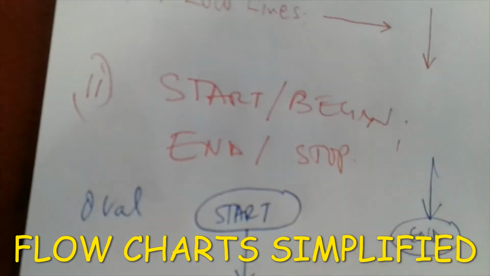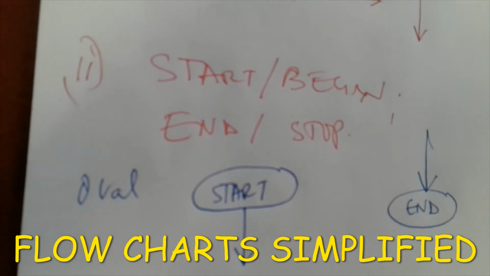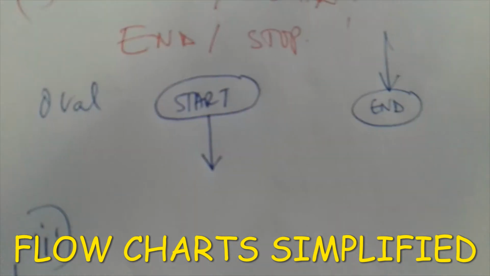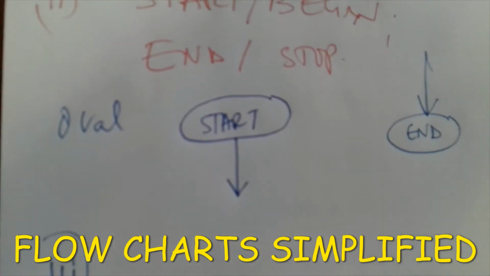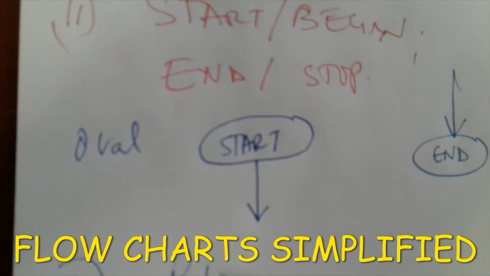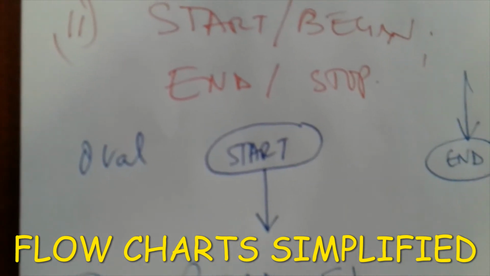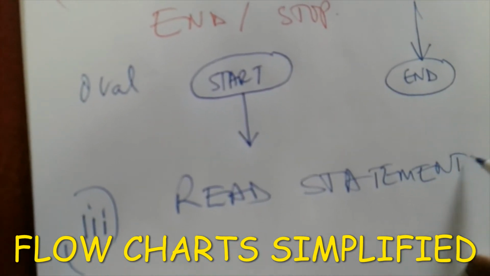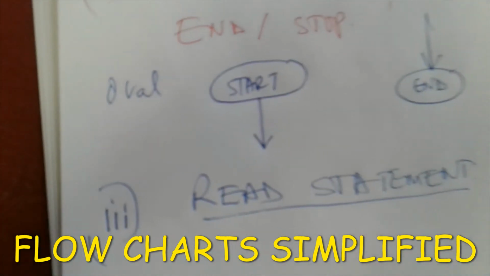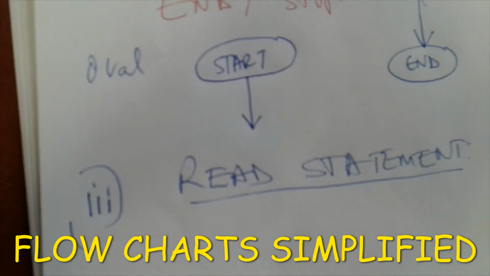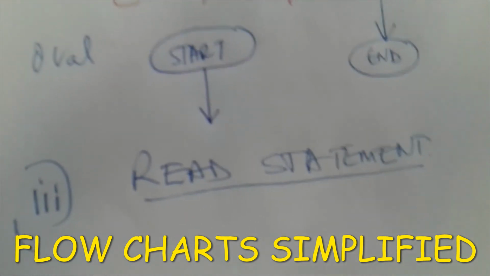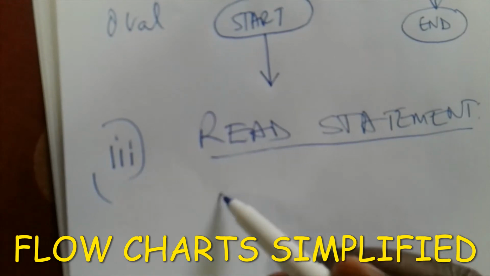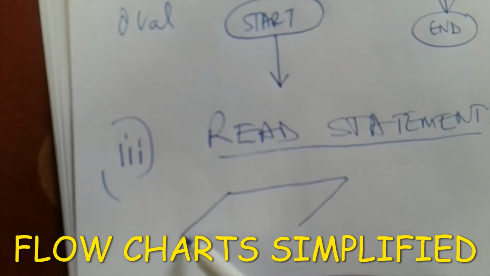So these are the first two, and we also have what you call the read statement. Now, if you want to read or input in the program, then you use the symbol we call a parallelogram.